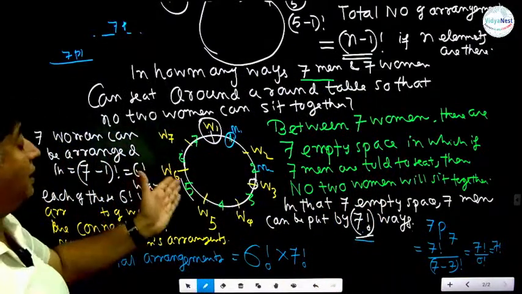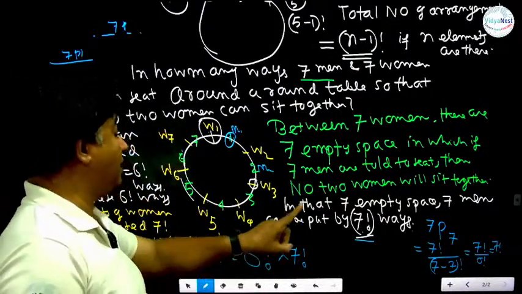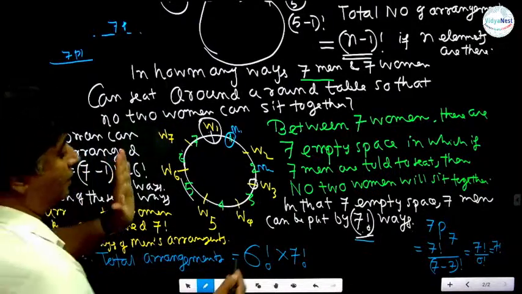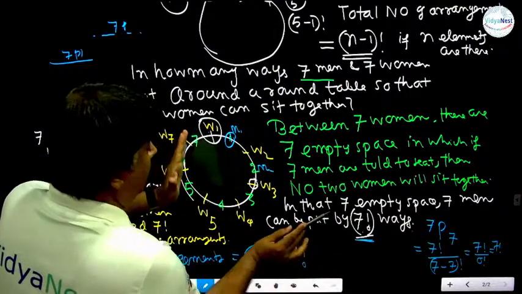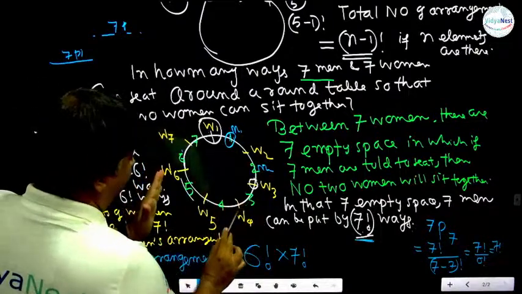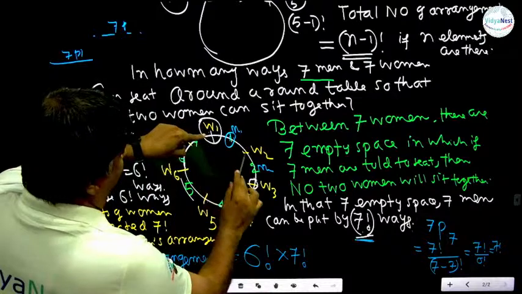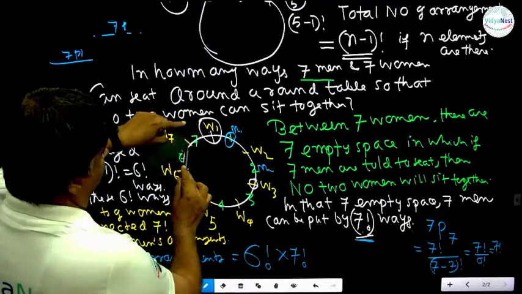Maximum students get confused here about why we have multiplied it by factorial 6. Why am I multiplying? Because the factorial 7 arrangements of men will be clubbed with the total number of arrangements of the women. Suppose this is one arrangement: W1, W2, W3, W4, W5, W6, W7.